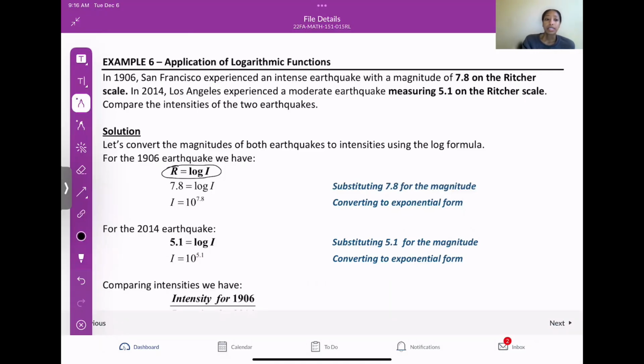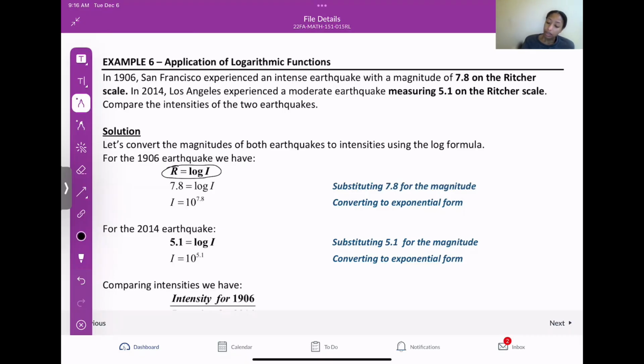So in this case, if something measures a 7.8 on the Richter scale, 7.8 is equal to the log of the intensity, and the intensity would be 10 to the 7.8 power. If we compare that to the 2014 earthquake, which was a 5.1, the intensity there, if we write in exponential form, will end up being 10 to the 5.1 power.